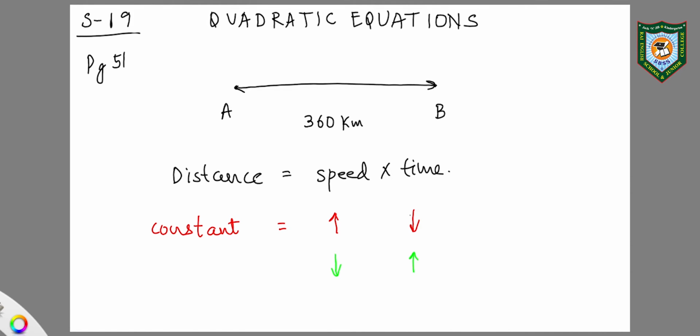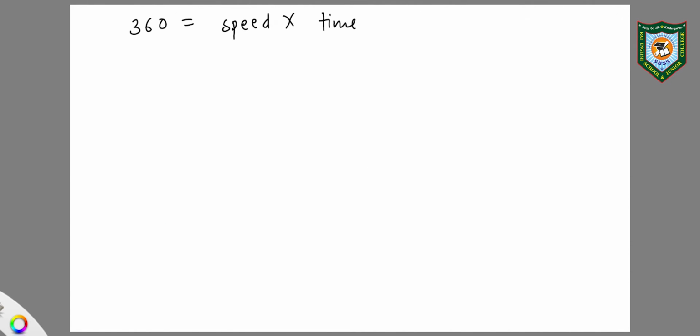Now, as we read the second statement, the speed of the train is increased by 5 kilometers per hour. It takes 48 minutes less to cover the same distance. Here we need to focus on two concepts we need to equate to each other. As we know, distance is always going to be constant.